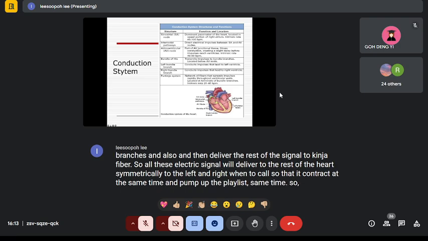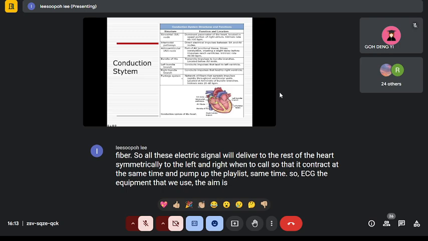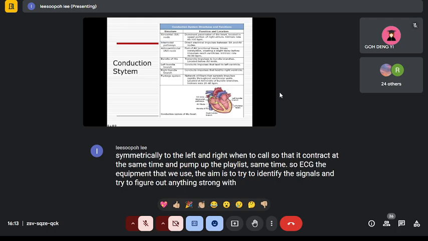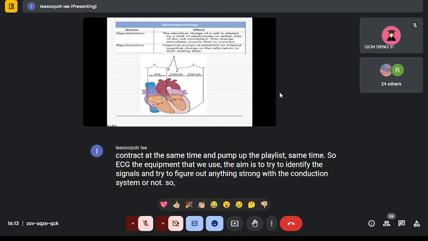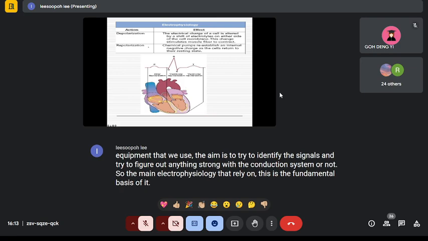So the ECG, the equipment that we use, aims to identify the signals and figure out whether anything is wrong with the conduction system. The main electrophysiology that we rely on is the fundamental basis of it.